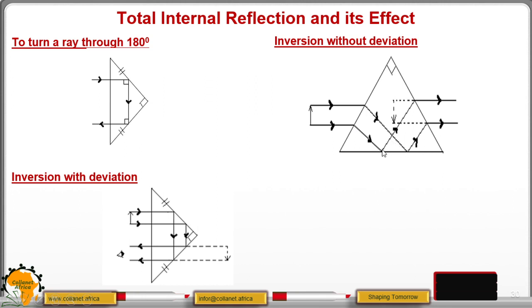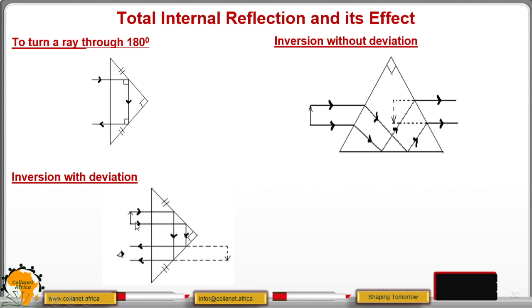Then at this particular position, the angle of incidence is greater than the critical angle, so there is total internal reflection. Again here, there is total internal reflection. But in here, there is refraction, and the rays of light emerge. So you as the viewer, as you view this diagram, will see an inverted image. So we have inversion, but there is no deviation.